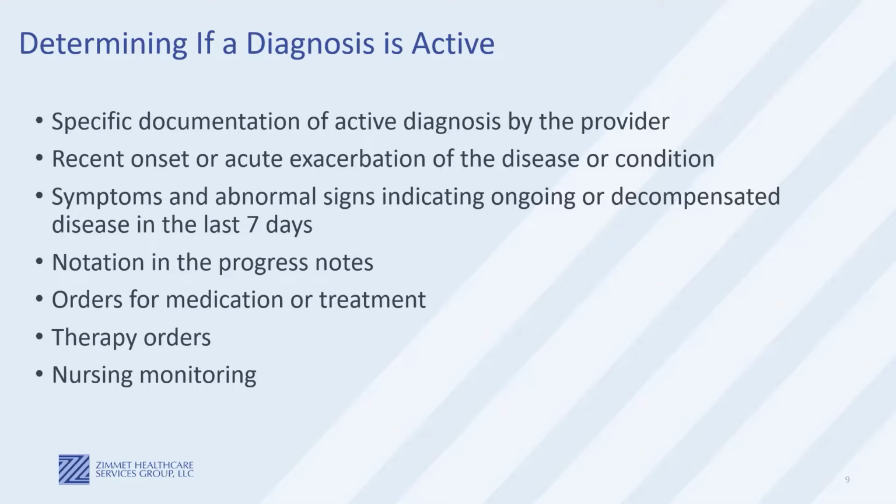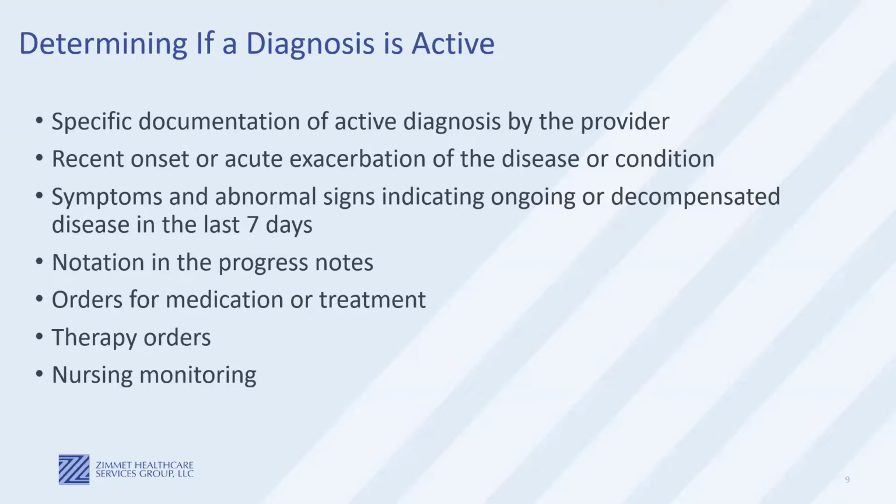It could also be if we don't have specific diagnosis from the physician in the past 7 days, we might have documentation that there is an exacerbation of it or a recent onset. That could be from a positive lab test or radiology. It could have been a hospitalization for acute symptoms, a recent change in therapy in the past 7 days, but something that tells us they're having a recent onset or exacerbation.